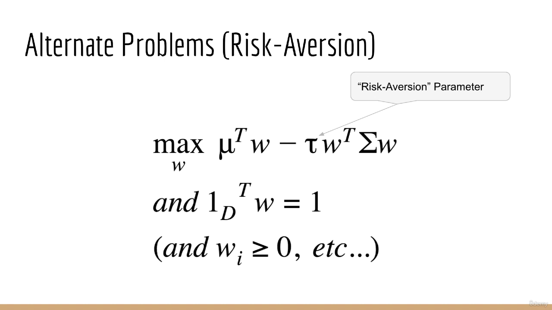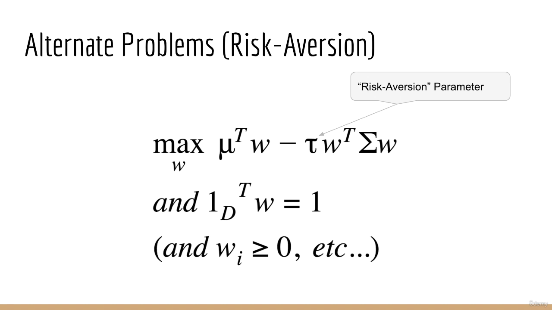Yet another formulation of the problem is this. Let's suppose that we want to be able to tune the risk relative to the return. Our objective is now the portfolio return minus some hyperparameter tau multiplied by the variance of the portfolio. We want to maximize this objective. If you have a machine learning background, this should remind you of the concept of regularization. We are essentially penalizing the expected return by adding a cost for the amount of variance that the portfolio incurs.